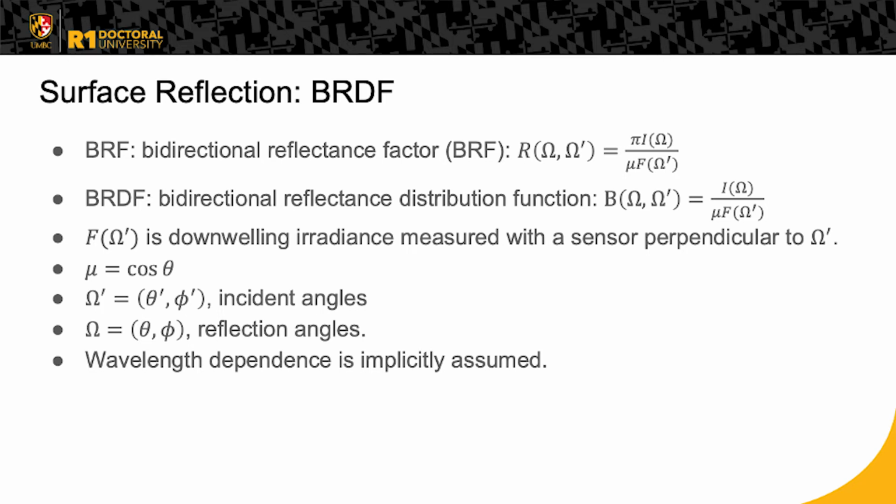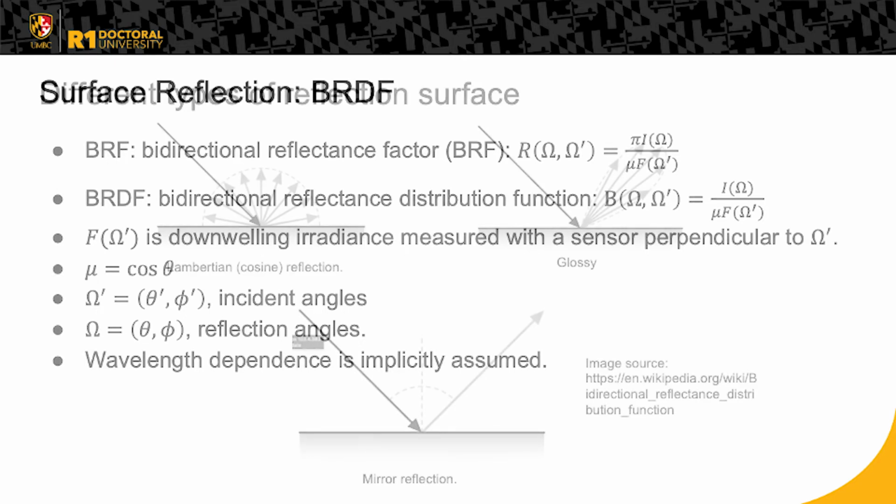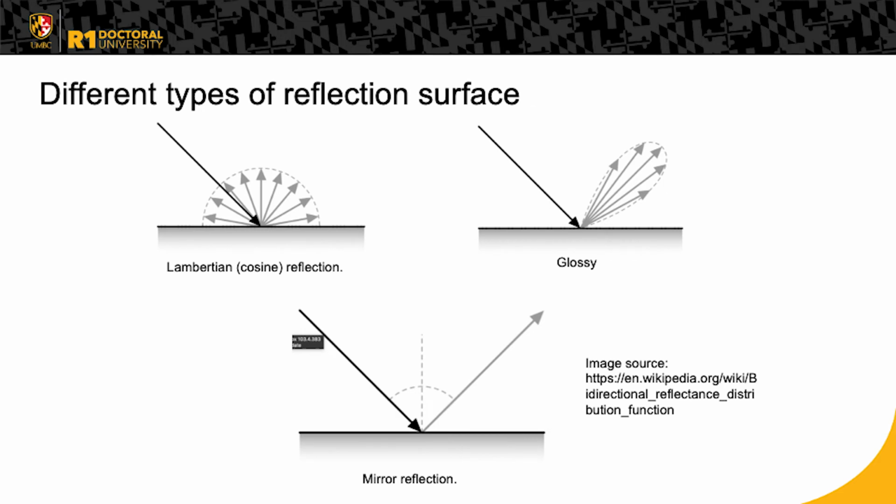For surface reflection, we use different terms to describe how light is scattered by a surface. This is radiance along a direction. This is downwelling E radiance. So let me quickly go to the next one. You see light comes in and is scattered by this surface, right?